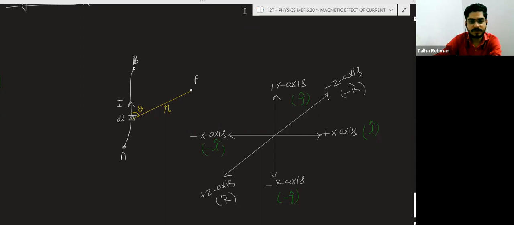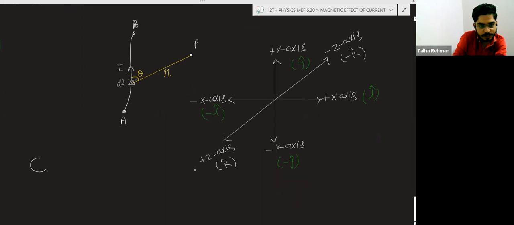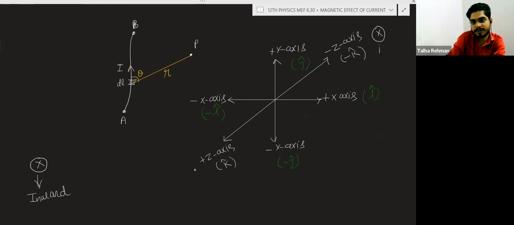And if something is going away from you or going into the screen, then you will represent that like this, or you will say this as inwards. So here this z-axis will be inwards.